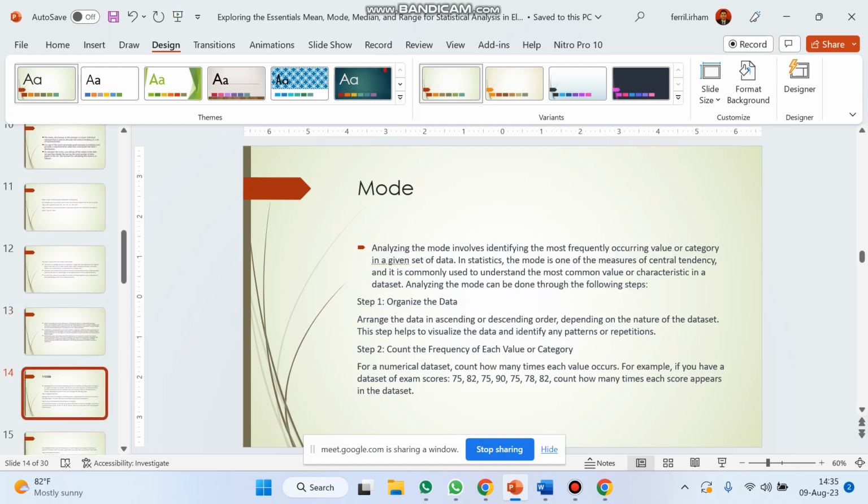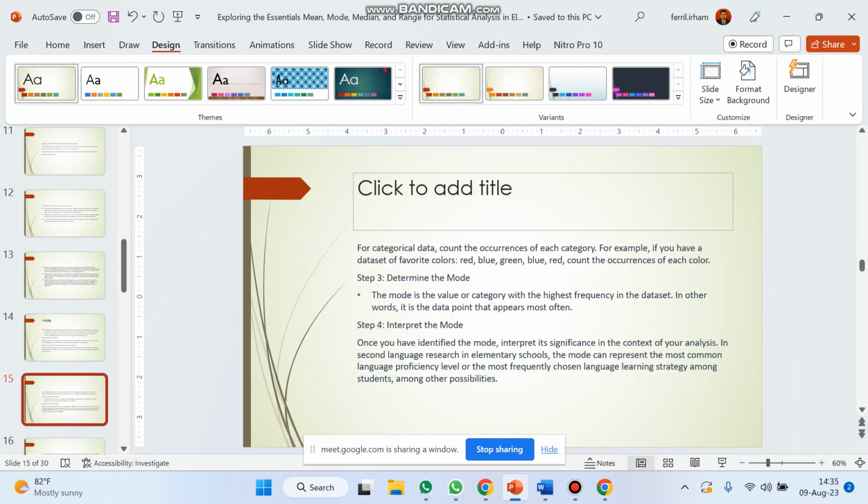Okay, the second one is the mode. The analysis of mode involves identifying the most frequently occurring value or category in a given set of data. For instance, the first step is to organize the data, and the second is to count the frequency of each value or category.